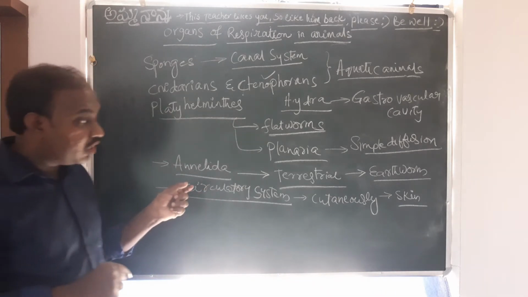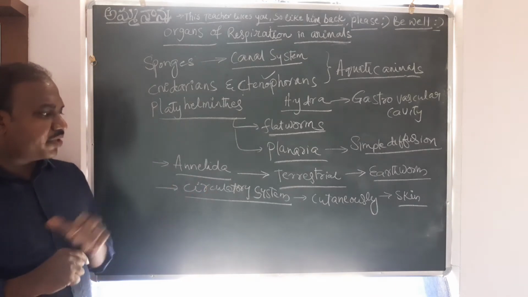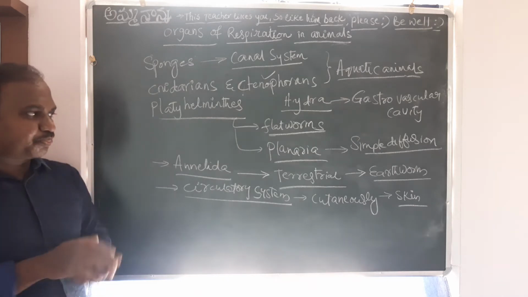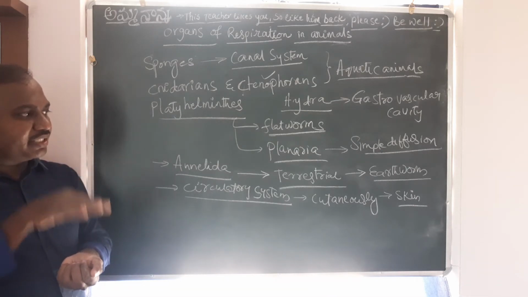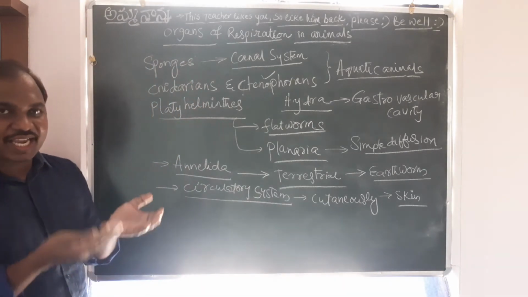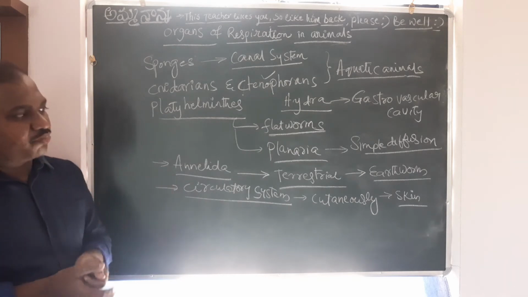This elaborately developed circulatory system is right beneath the skin of these animals, with all these different kinds of blood vessels.